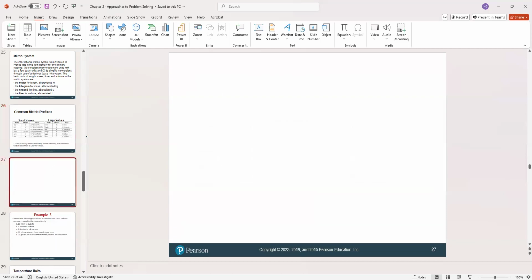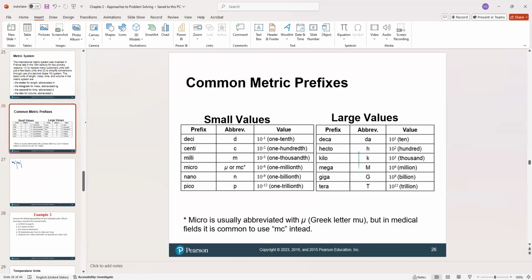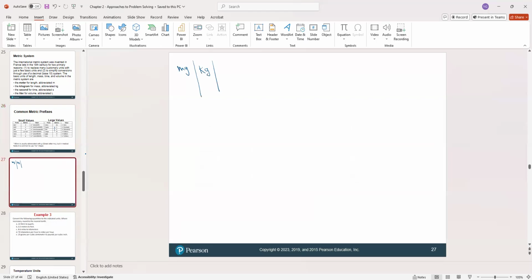We can start with megagram, kilogram, hectogram, H G, decagram, deca, DA, and of course gram for the G.